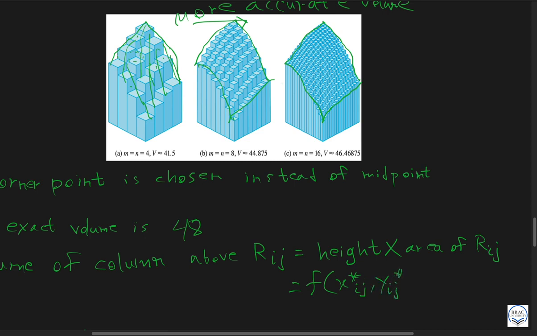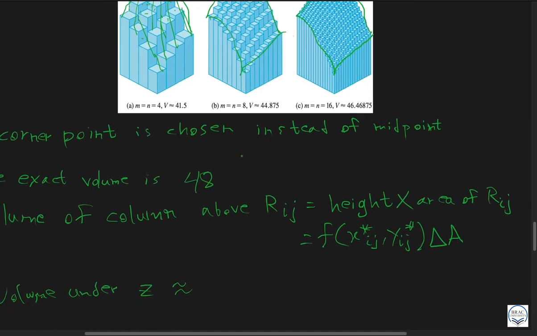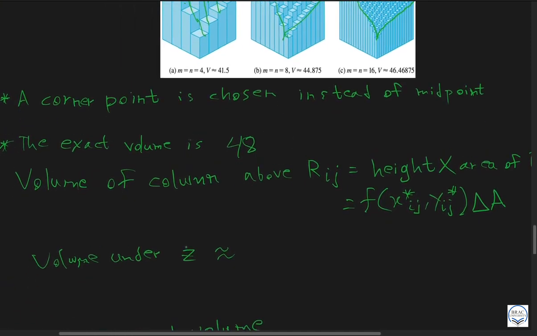So to find the height, what we did was find the value of the function at the star points xij star and yij star, and the area of Rij we will call delta A.